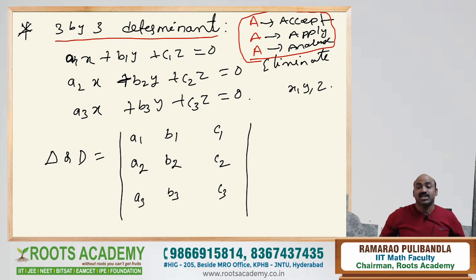The secret of top rankers is accept, apply, analyze. You can call it the 3A formula or AQ formula, your wish, but don't change the order. I think all of you got it, students.